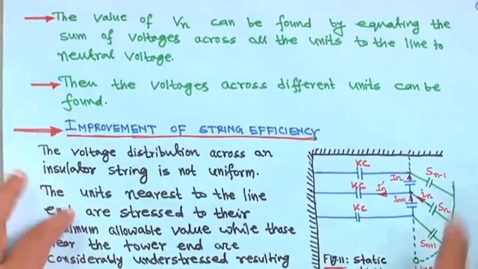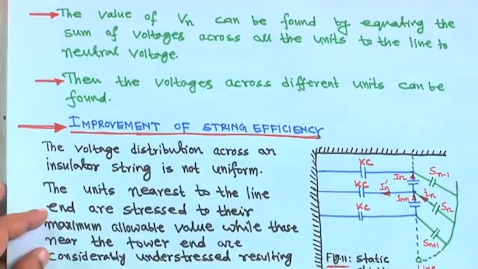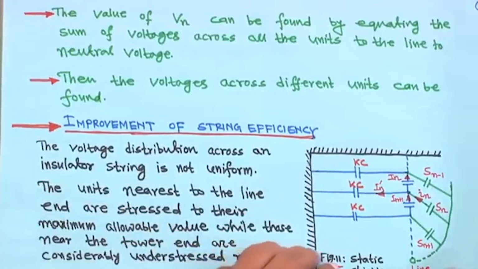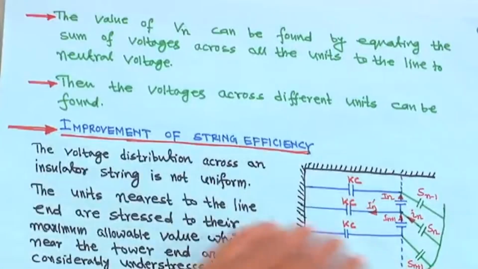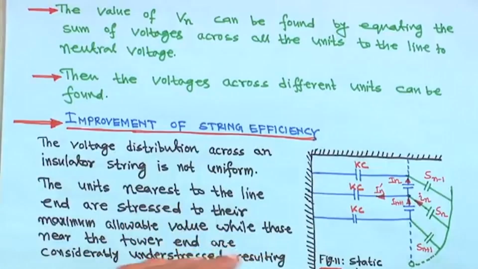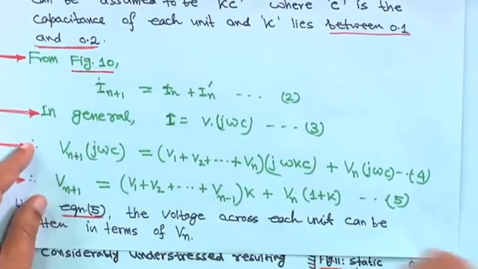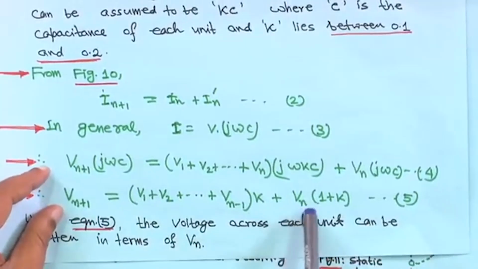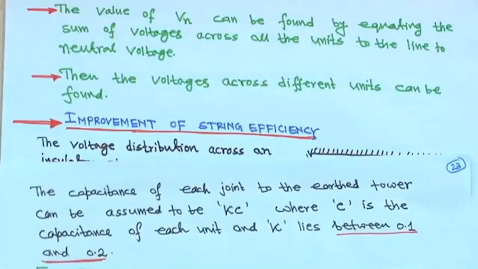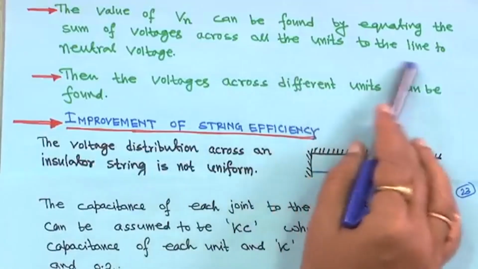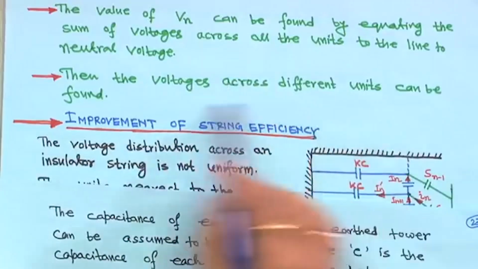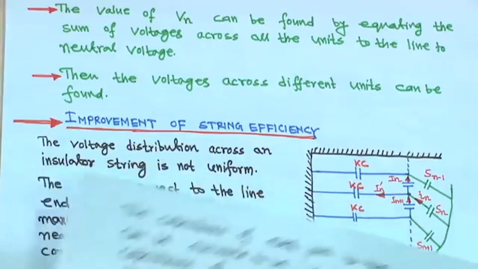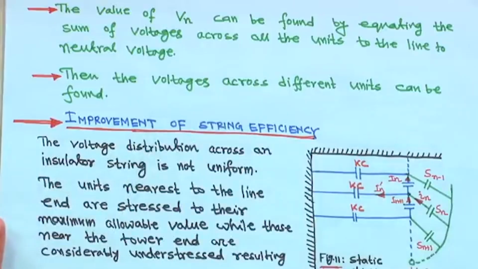The value of Vn can be found by equating the sum of voltages across the units, using this equation, to the line to neutral voltage. When you take some numericals, you will see that the voltage across different units can also be found. This is a simple mathematical derivation.